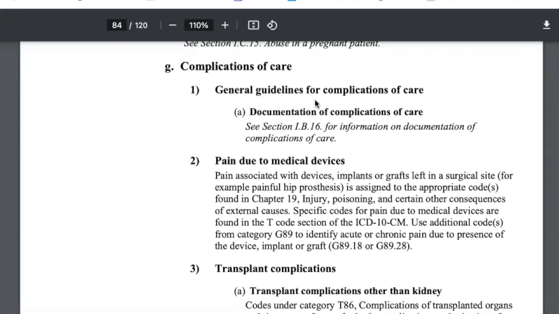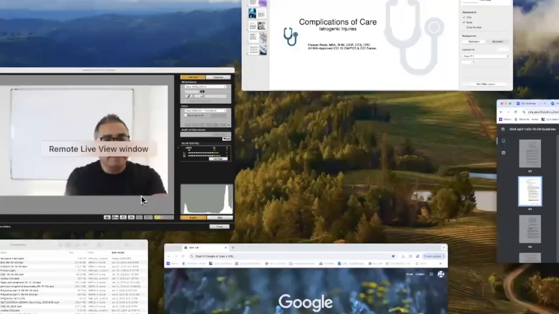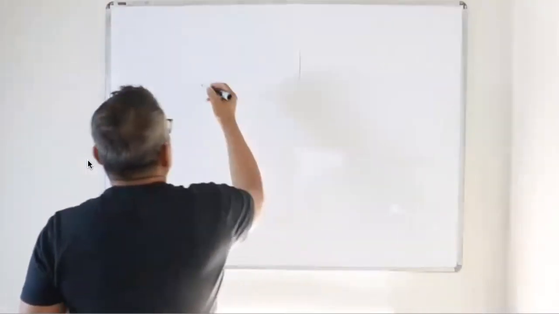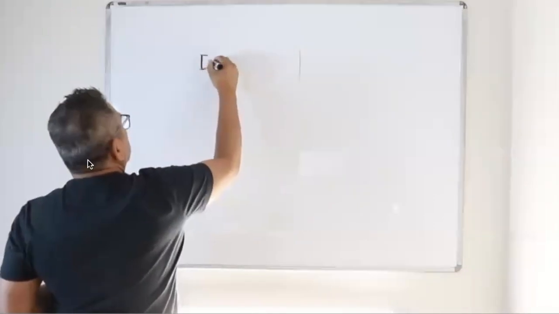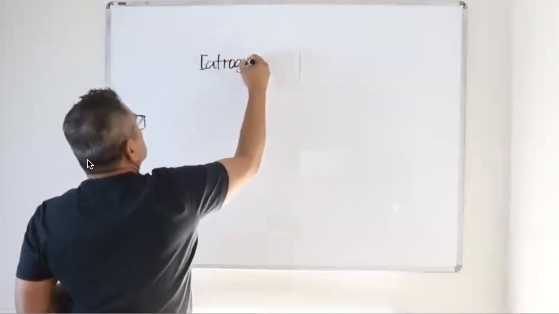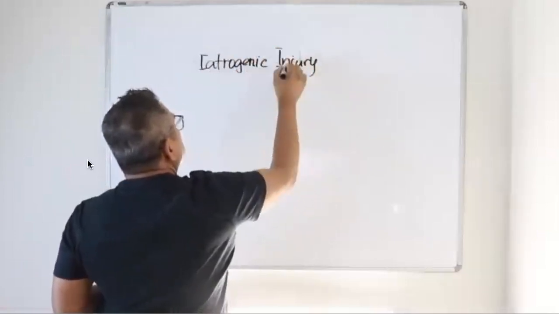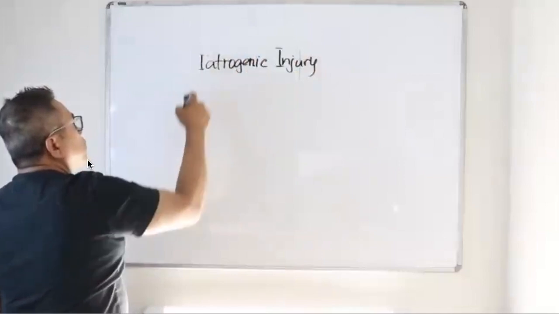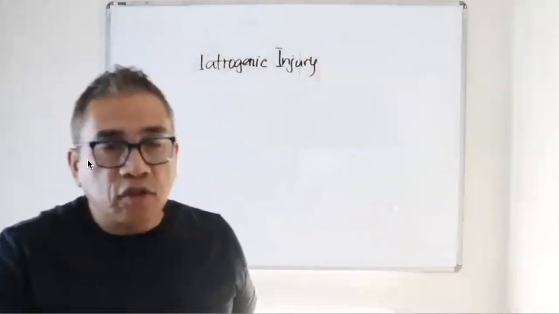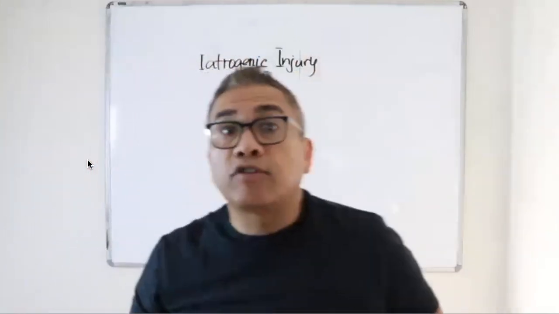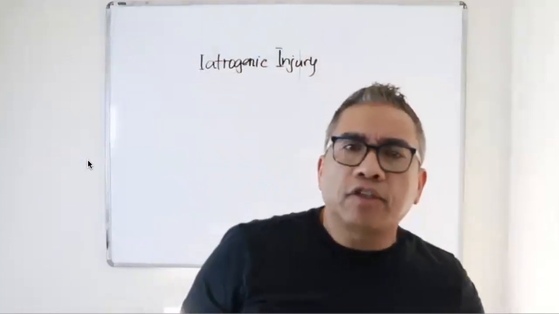This is what we call complications of care, and there is actually a medical term for that, which doctors sometimes use when you encounter this: iatrogenic. We call this a complication because of a treatment, a procedure, or medical intervention and whatnot.